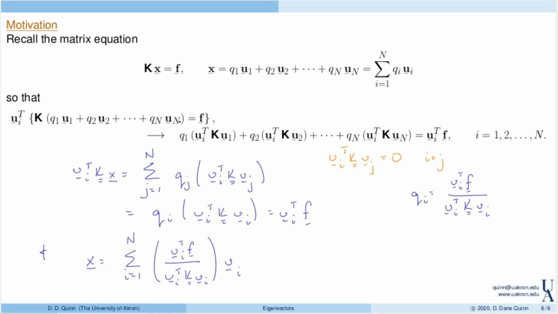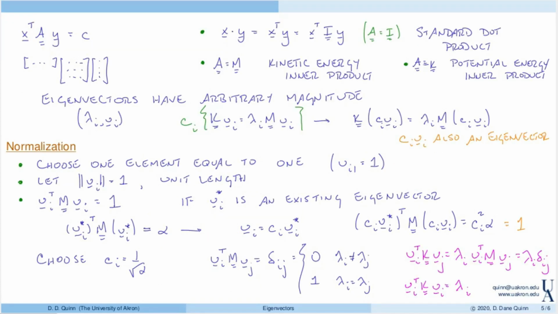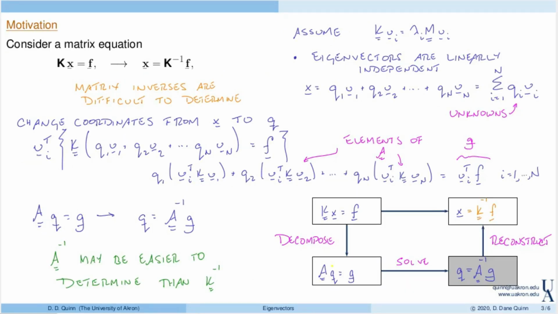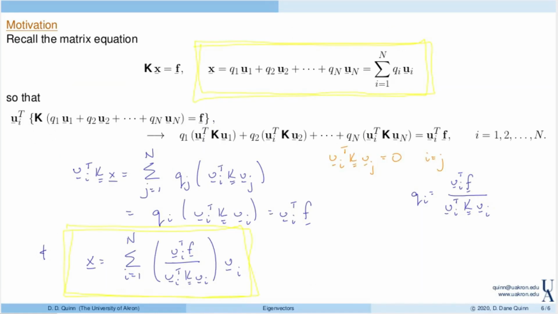So again, using these eigenvectors, we're able to easily solve for all of these q's, and then we can go back and reconstruct the solution from this expression. And it's given down here. In this case, the eigenvectors make that calculation of essentially A inverse back on our motivational slide really simple, because here A simply becomes diagonal.